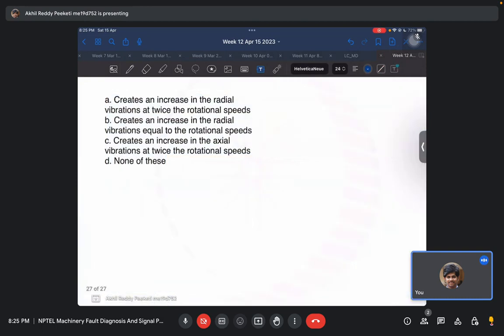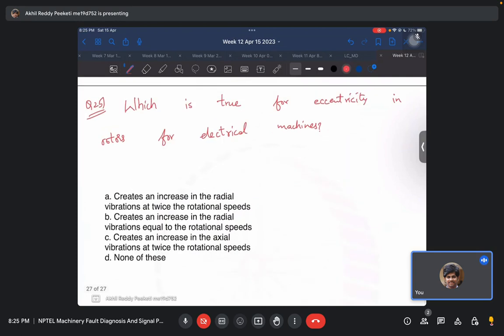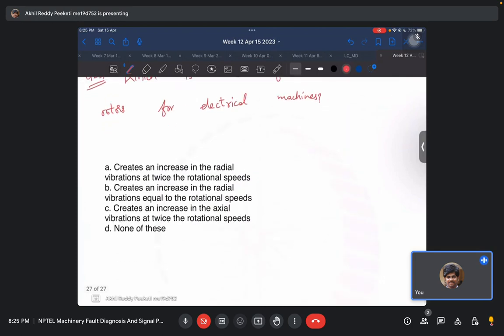Which of the following is true for eccentricity in rotors for electrical machines? It creates an increase in radial vibrations at twice the rotational speed, or equal to the rotational speed, or axial vibrations at twice the rotational speed.